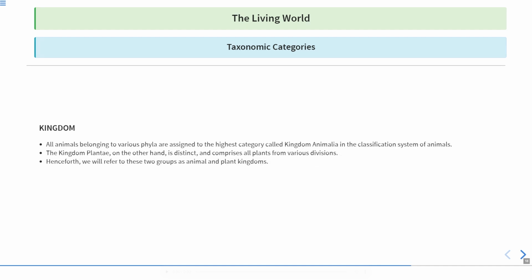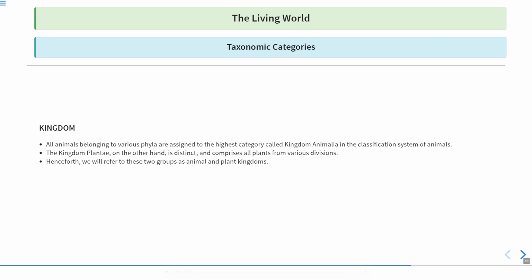The next taxonomic category is the kingdom. All animals belonging to the various phyla are assigned to the highest category, that is called kingdom Animalia, in the classification system of animals.